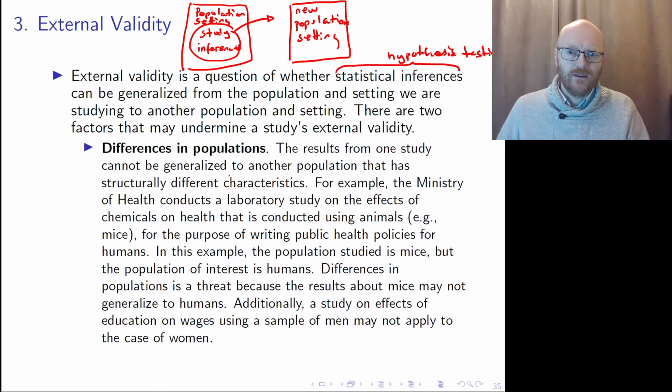For example, the Ministry of Health conducts a laboratory study on the effects of chemicals on health that is conducted using animals for the purpose of writing public health policies for humans.